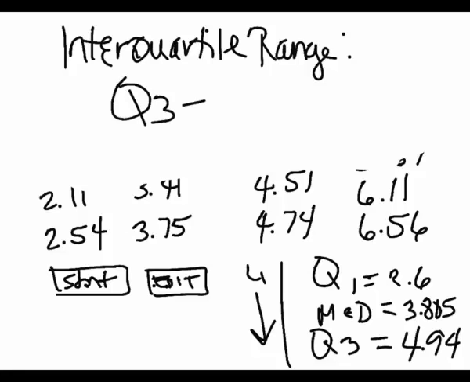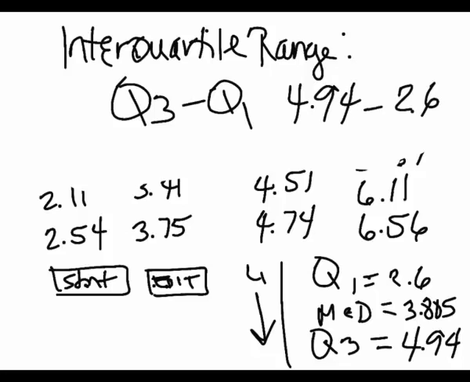You know range is the highest value minus the lowest value, but with interquartile range, you take Q3 and subtract Q1. So in this case, I would take 4.94 and subtract 2.6, and when I did that, I got 2.34. So 2.34 would be my interquartile range.